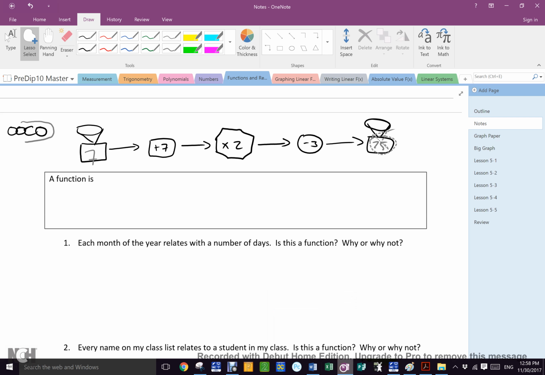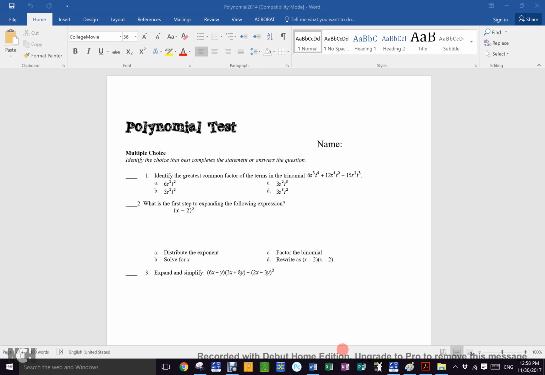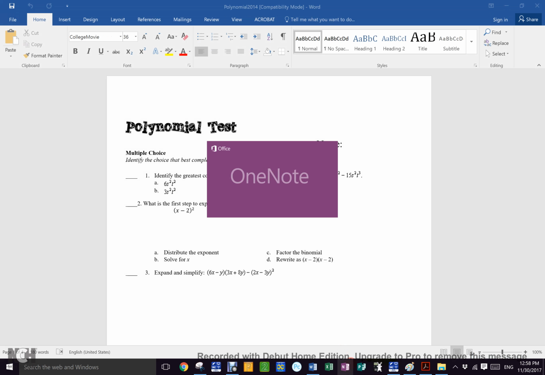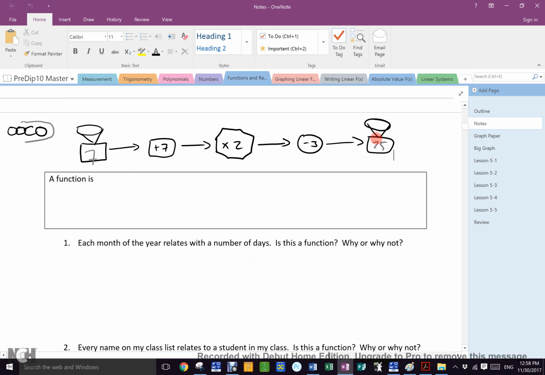But of course, because my computer has issues, I can't do my fun animation, where I take the 25 and ooh it out. Do you remember seeing some construction like that?